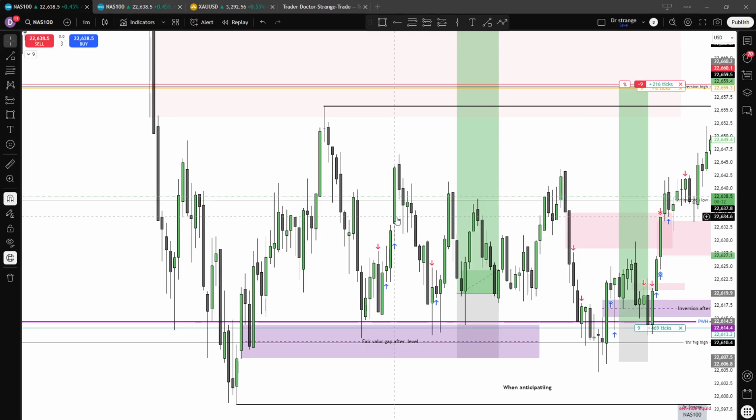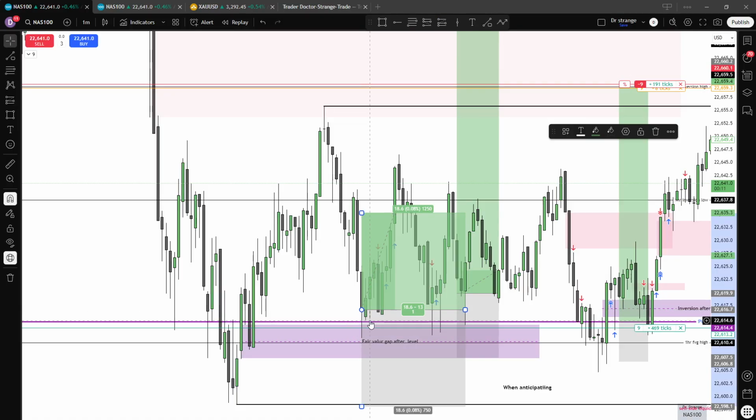Now, the rule to trading this type of price action is that at a previous weekly high, a previous daily high, and a previous monthly high, if you don't buy at the level, this is what I mean. You want to be a buyer when price is dropping. Retailers will be scared to buy this market. You want to be a buyer without any confirmation.